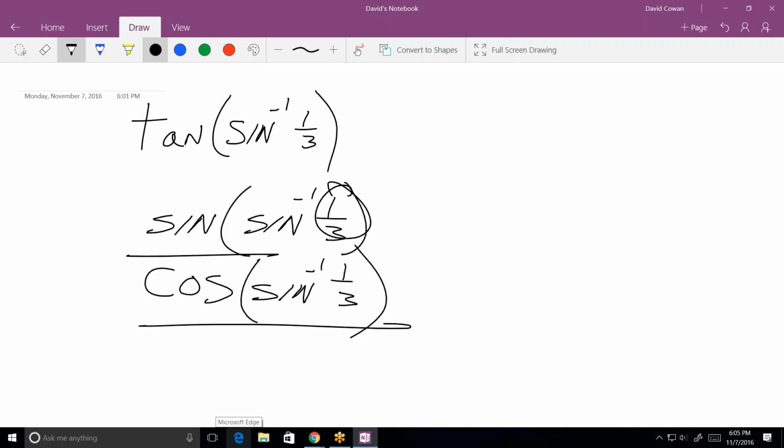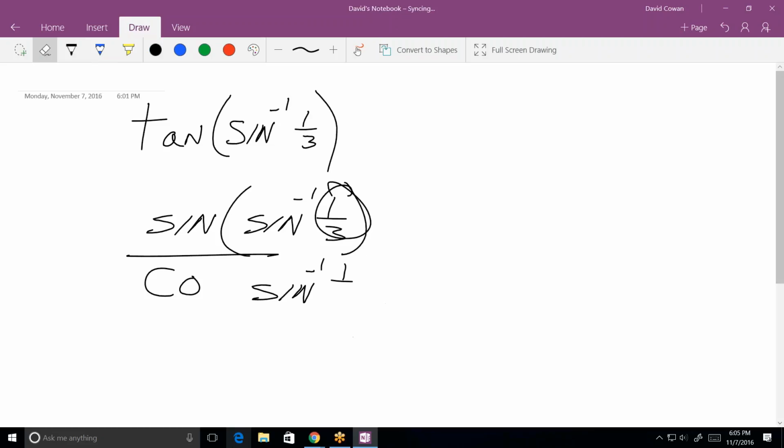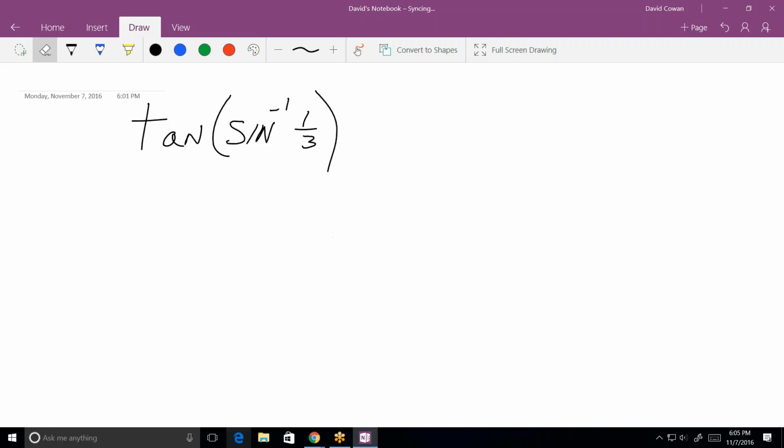Take me back to a similar looking problem that you did already and tell me how you did it. Okay. Well, the one before it was inverse cosine of the cosine of negative pi over 3.